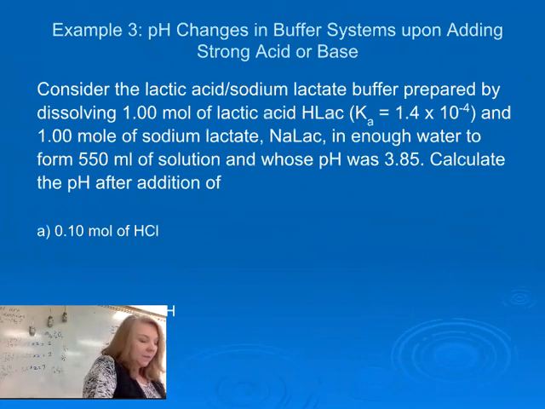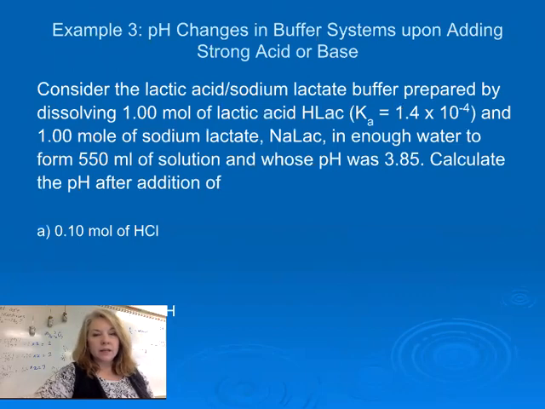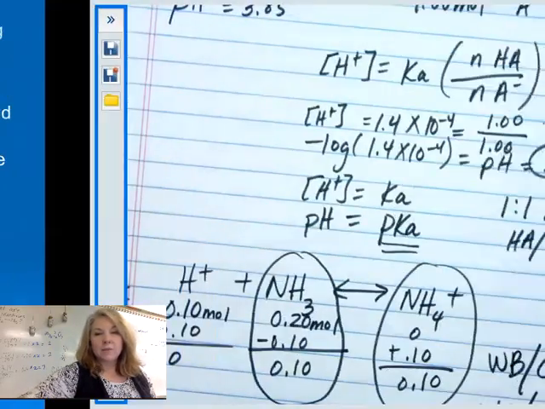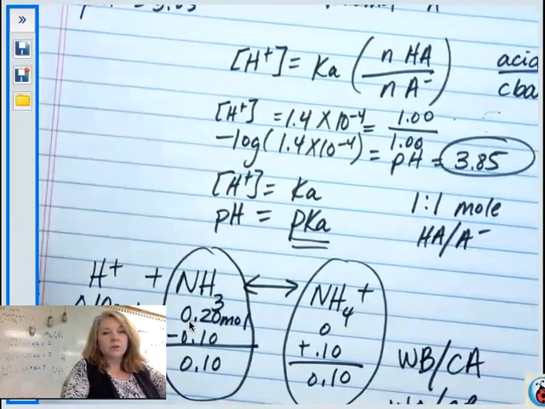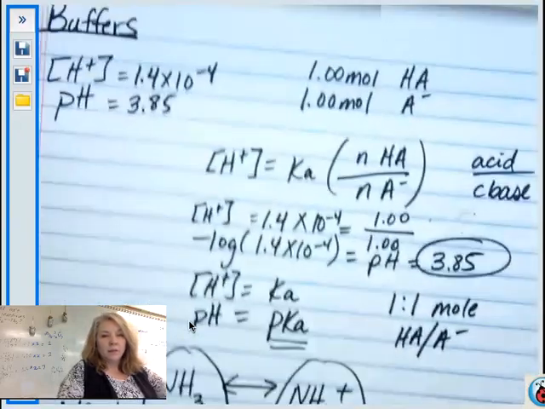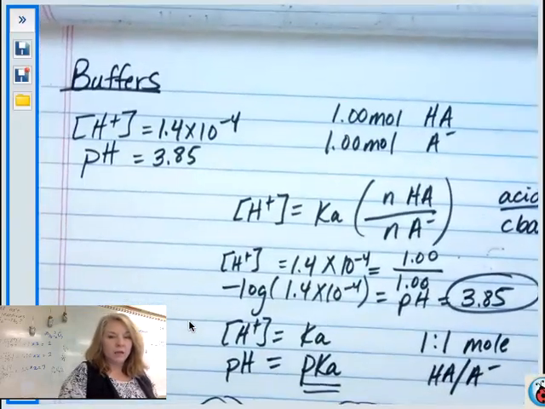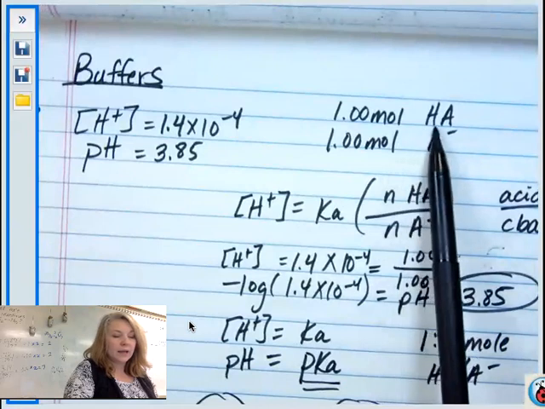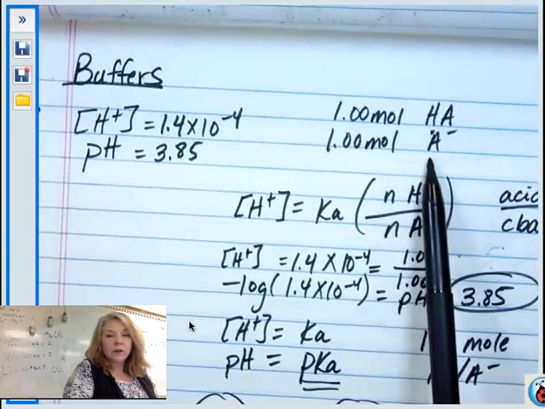In A, we're going to be adding a 0.1 mole solution of hydrochloric acid, and in B, we're going to be adding a 0.1 mole solution of sodium hydroxide, which is a strong base, okay? And everything else is still the same, just like we had before. So we're still working with our buffered solution. We have 1 mole of our weak acid and 1 mole of our conjugate.